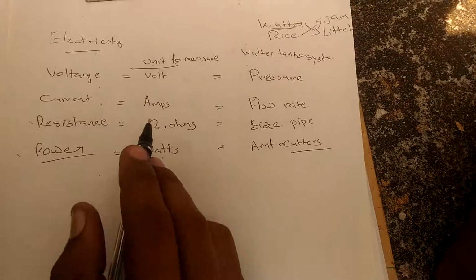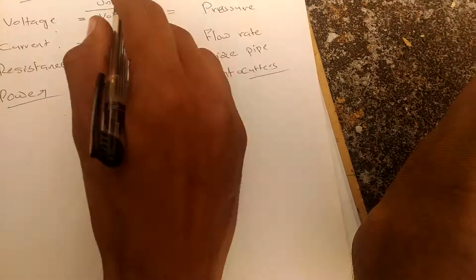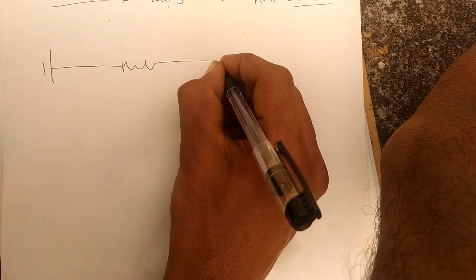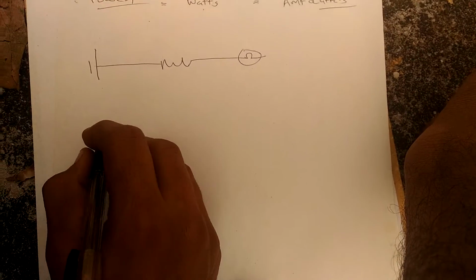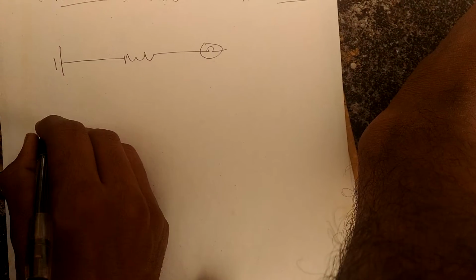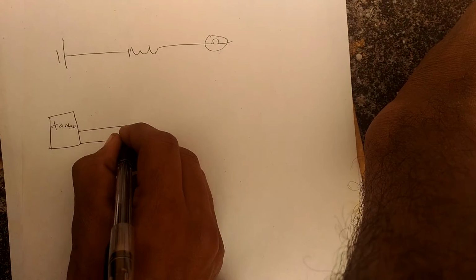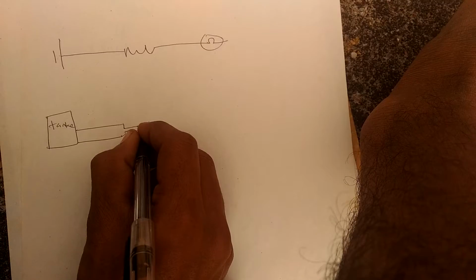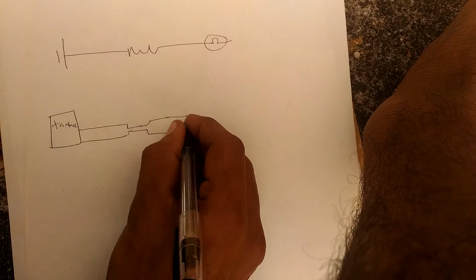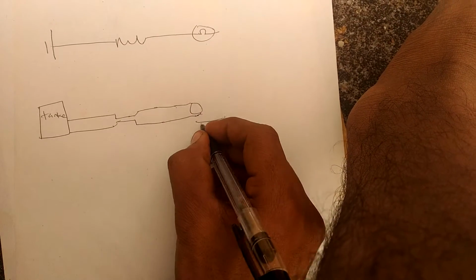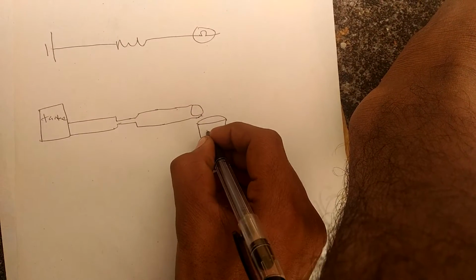I will show you the relation between these two in the following graphs. Let us see. We are creating a battery connected to a resistance, and then we are using the current to light a bulb. Like that, we are making a tank and connecting a pipe to it, then a small pipe, again a bigger radius pipe, and we open the pipe at the end and collect the water flowing through the pipe into a bucket.